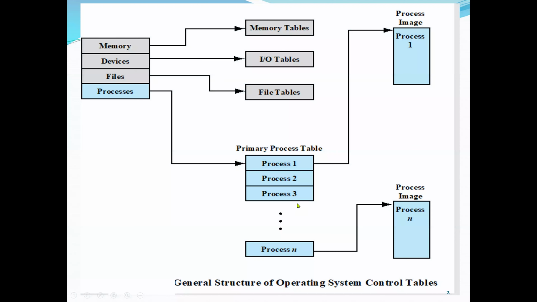Again, in order for the operating system to manage processes and resources, it must have information about the current status of each process and also each resource. In order for the operating system to manage any resources in a computer system, it must have information about those resources.